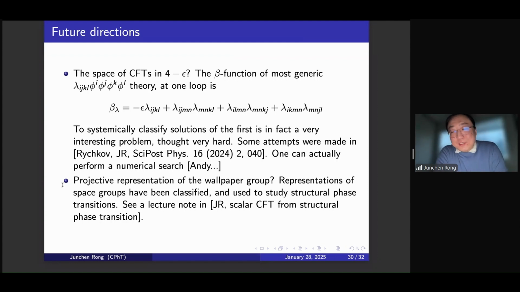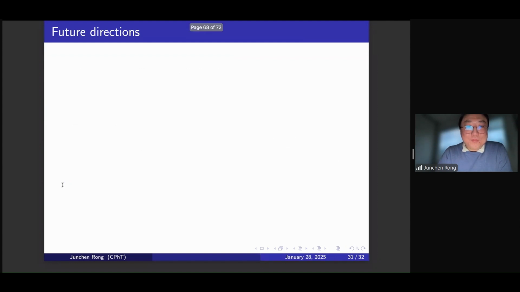They wrote down the Landau action from these representations, and they analyzed all the possible phase transitions you can have. So there's a list, there's a table. Now, that table is basically what CFT you can get from this type of transition. So if we perform a hardcore mathematical classification of projective representations, maybe this is something to do. It's a bit hard, but yeah.